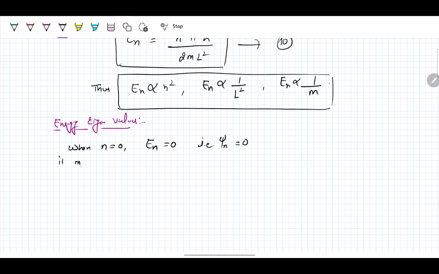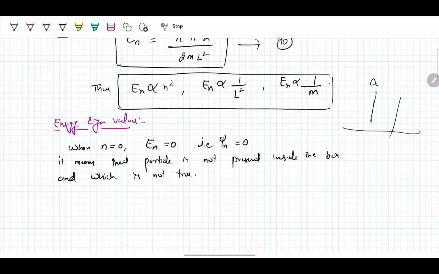It means that the particle is not present inside the box, which is not true, as we know that the particle is present inside the box.